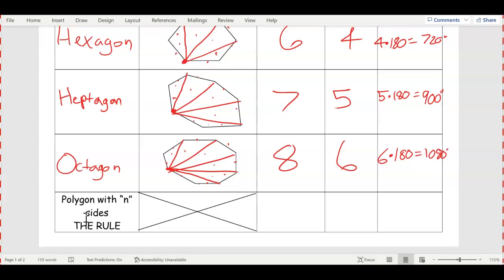So we're getting a pattern, so we're going to make a rule at the very bottom here, okay? So here's the n rule. N is the random number of sides. Put n right here.